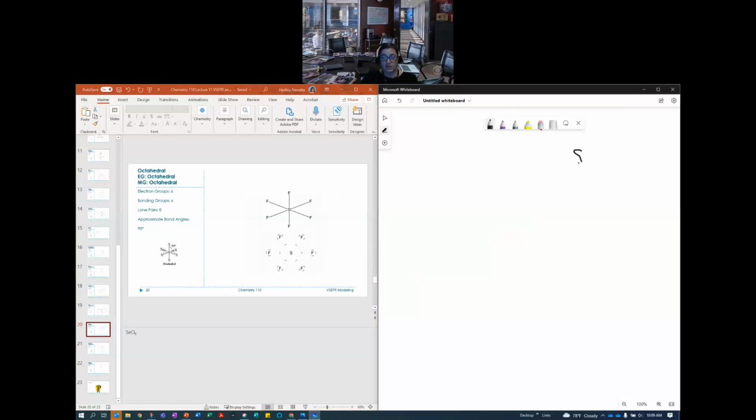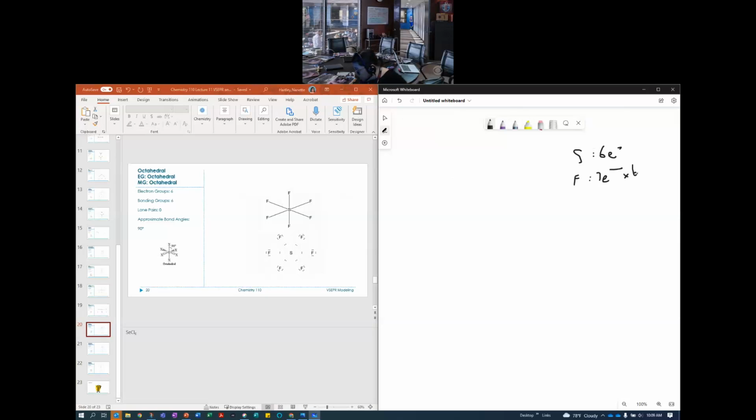SF6. Sulfur, being under oxygen, has 6 valence electrons. 7 for each F. There are 6. 6 times 7 is 24, if I'm not mistaken. I'm tired, so I'm going to check that.